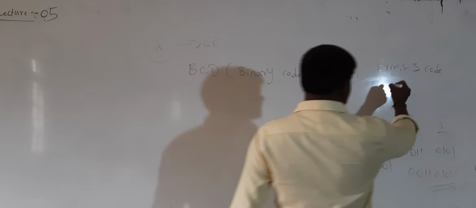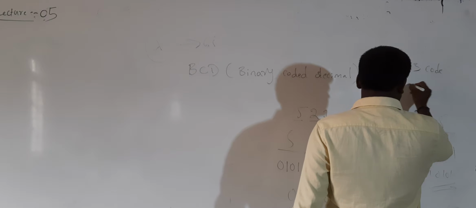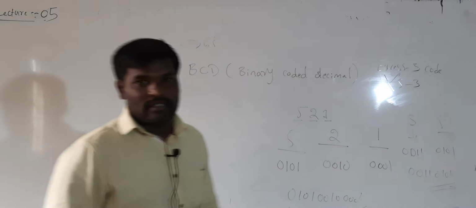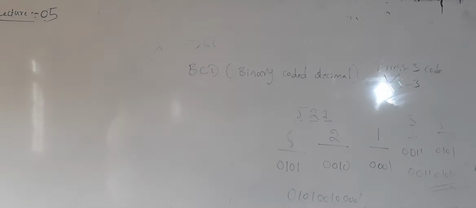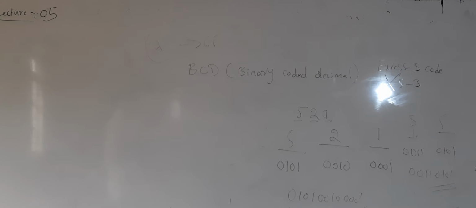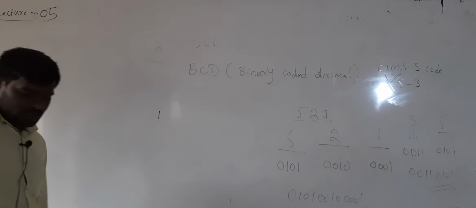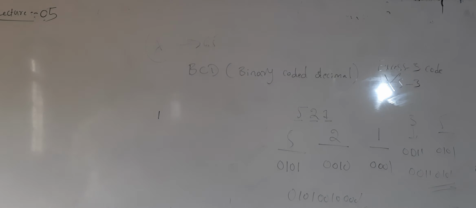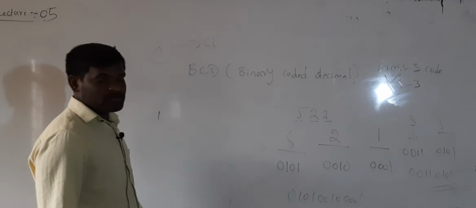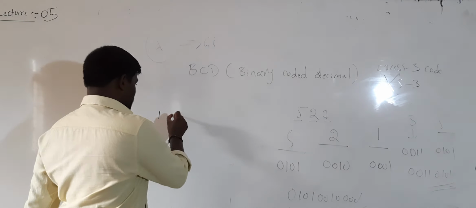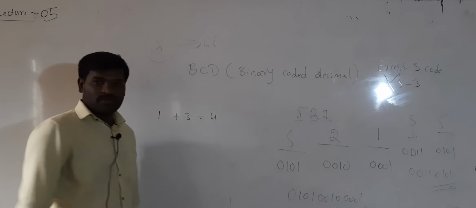Here Excess-3 means, for example, the decimal number 1 is converted to Excess-3 code by adding 3 to the number. 1 plus 3 is represented as 4.